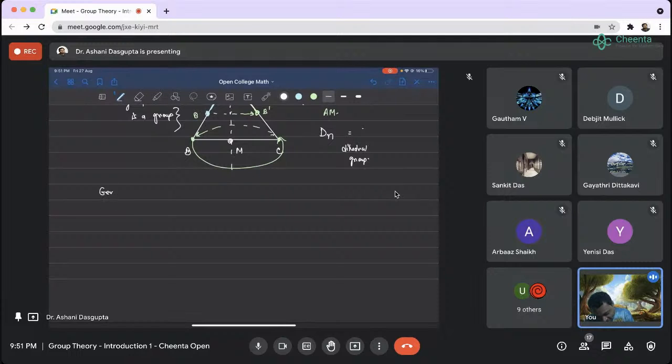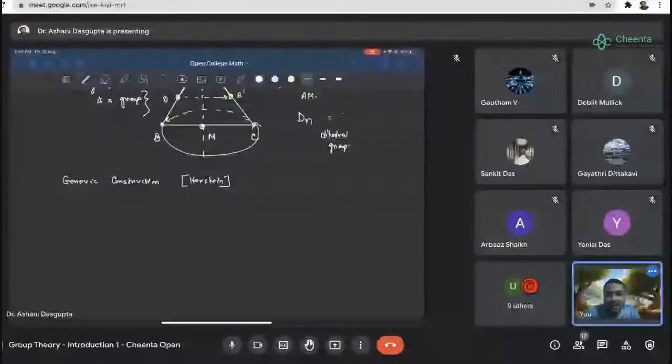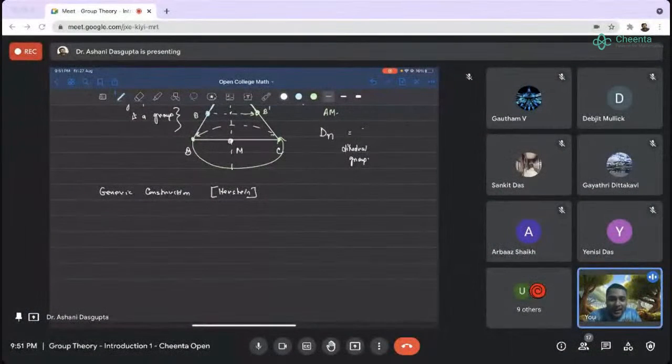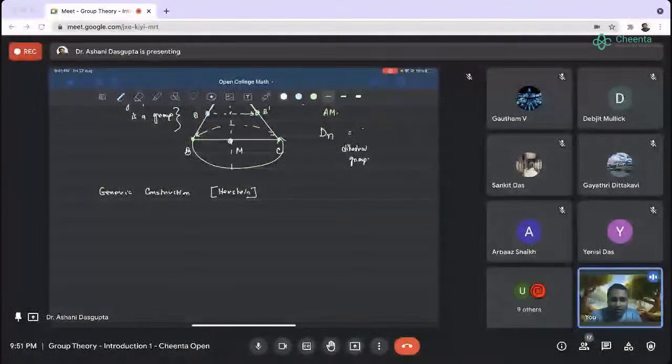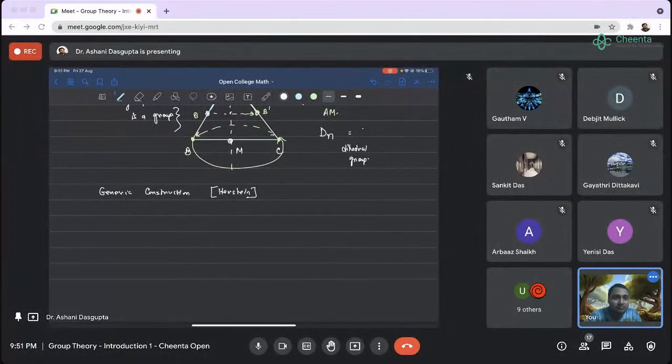This is of course due to Herstein. But if you think about it for some time, you can definitely figure it out, because this part is at least not rocket science.